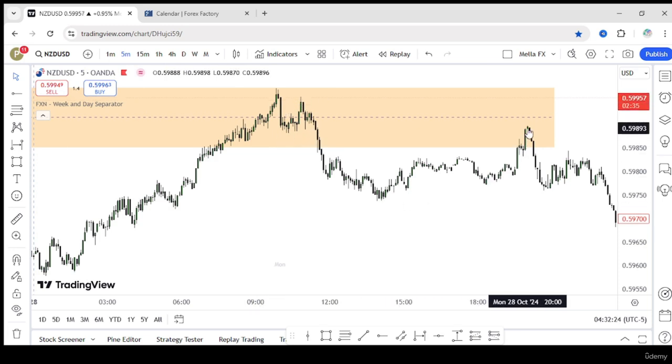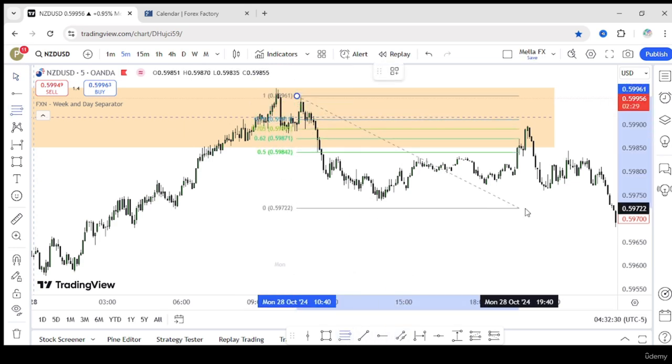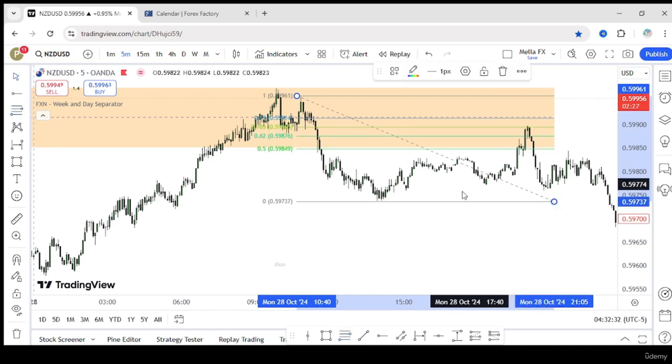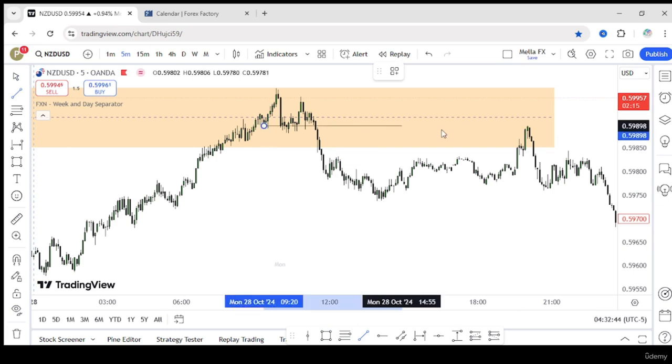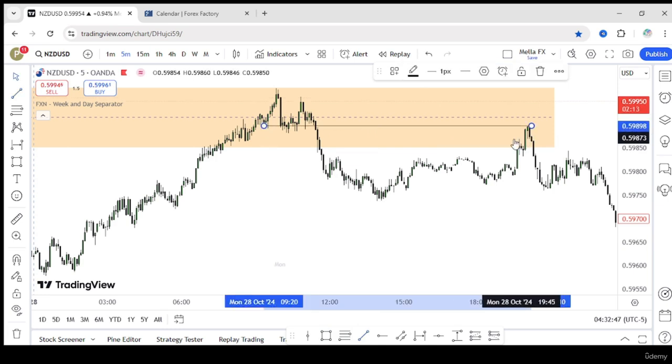You can see that during this time, from this high to this low, that's our swing, our dealing range. So we got a retest back into that dealing range inside the 4-hour imbalance. And what exactly happened is that we were also retesting our breaker, which was here.